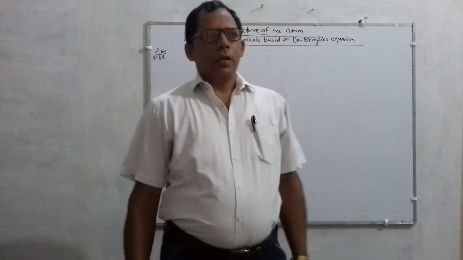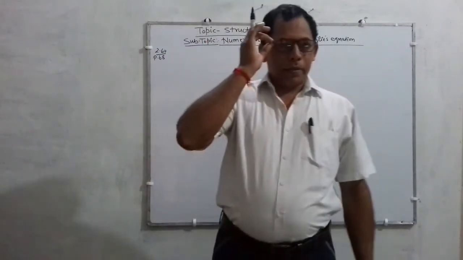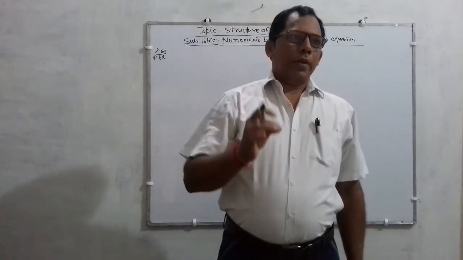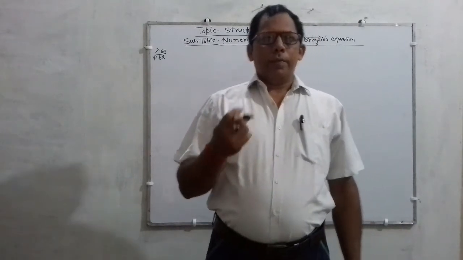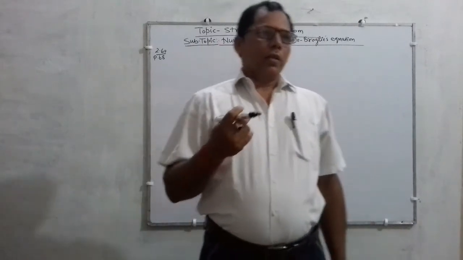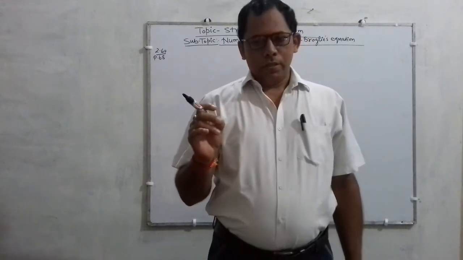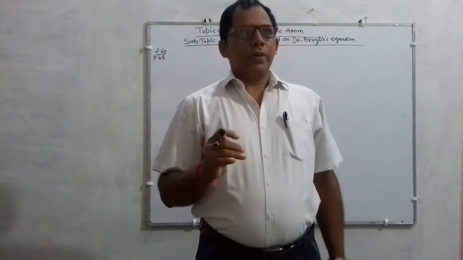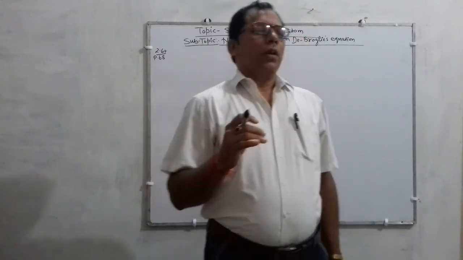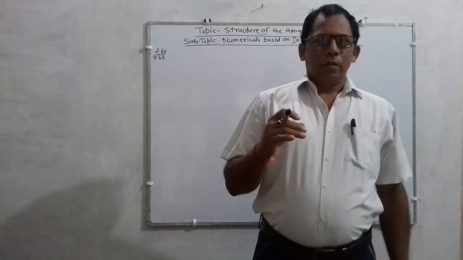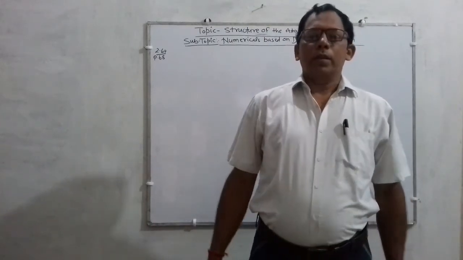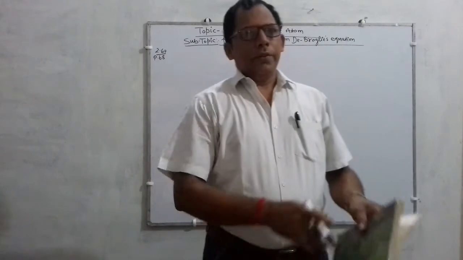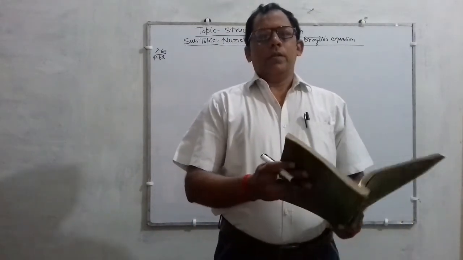But before commencing the next chapter, children, I would like to explain some of the questions concerned with the de Broglie question asked by your classmates. So first know them, then we will study the new topic.